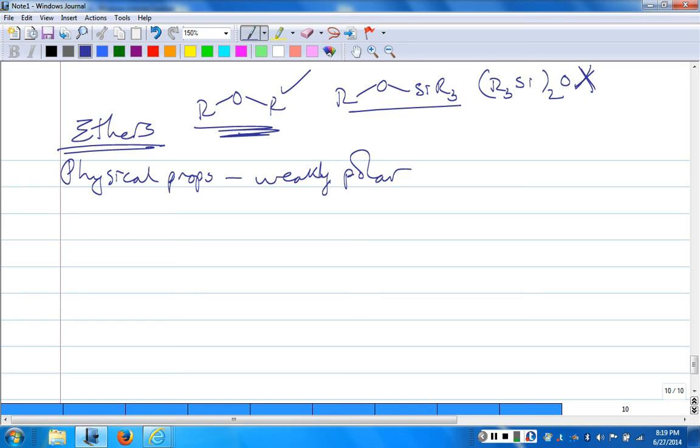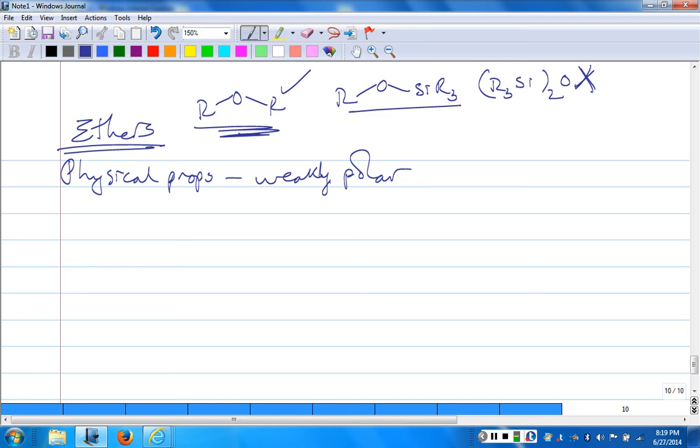These compounds are dipole-dipole bonded, and so all of the properties you'd expect based upon dipole-dipole bonding are obvious. They have low melting points, low boiling points, low aqueous solubilities, low viscosities, low surface tensions. They dissolve relatively non-polar compounds, although they will dissolve some polar compounds as well.